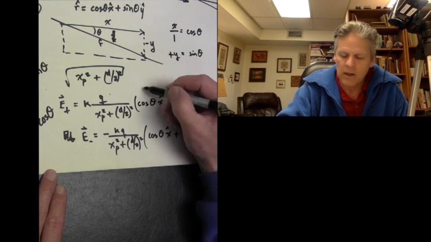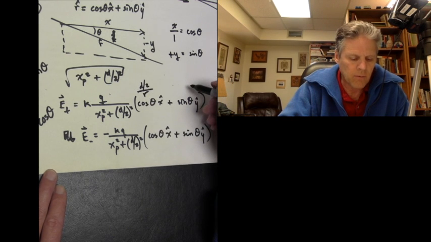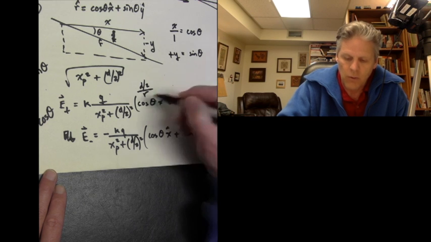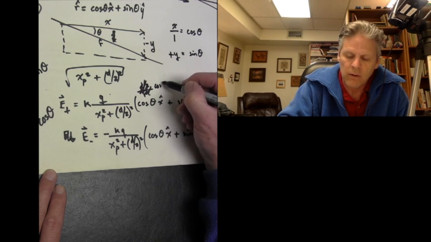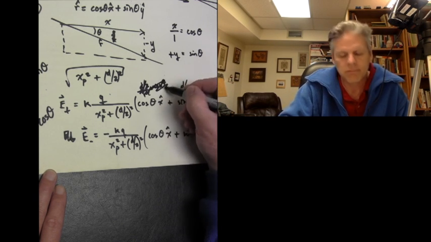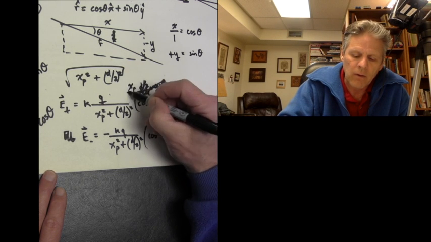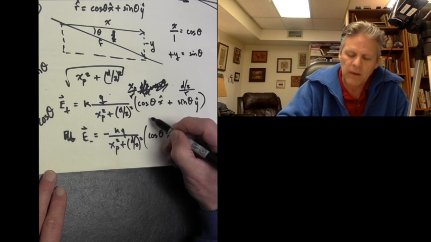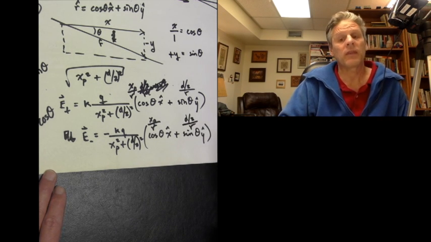So this is going to be d over 2 over r. This is going to be, sorry, did that wrong. D over 2 over r cosine theta. Oh, all right, x sub p over r for this one. Same thing here. X sub p over r. D over 2 over r, except for one thing.